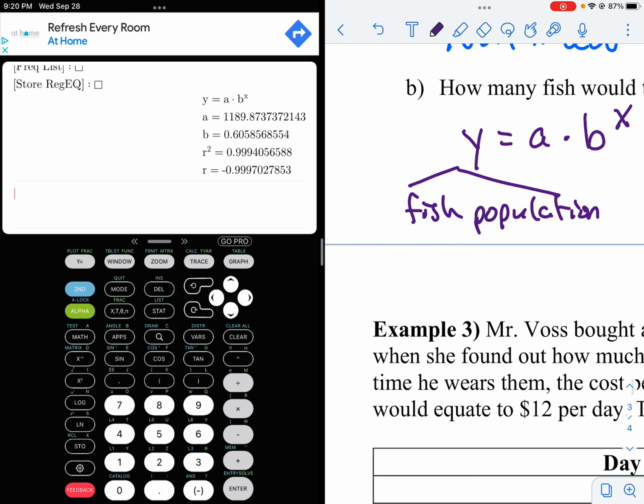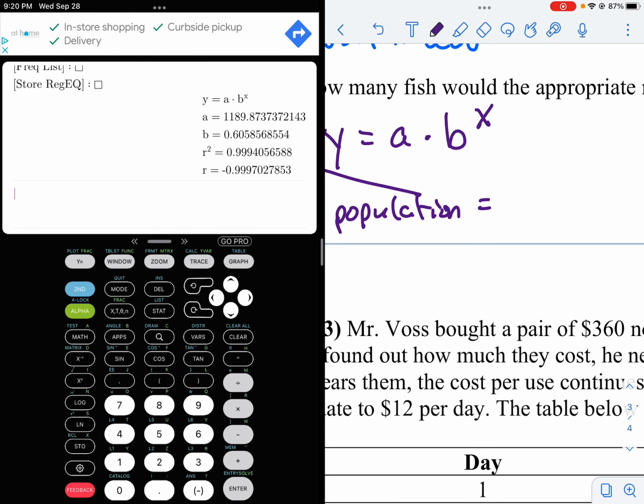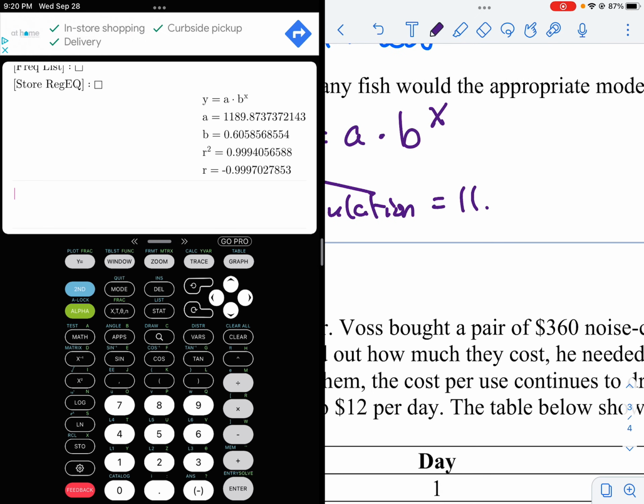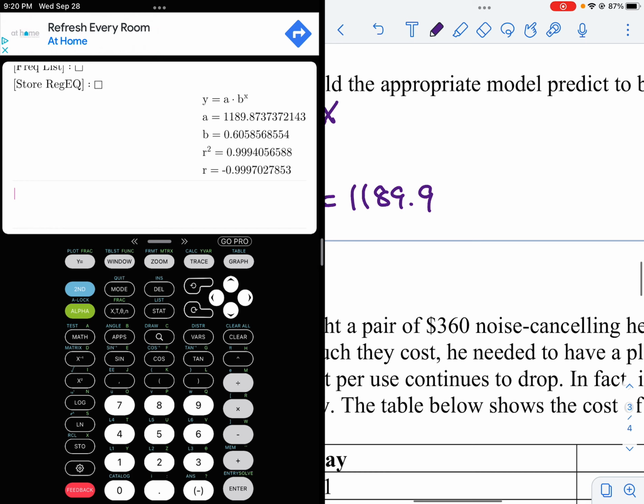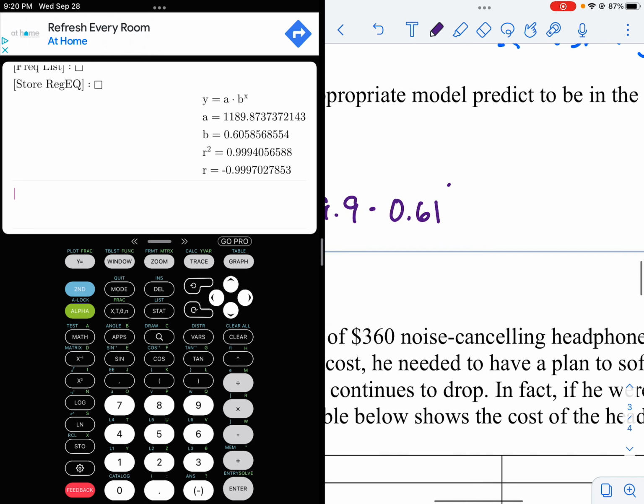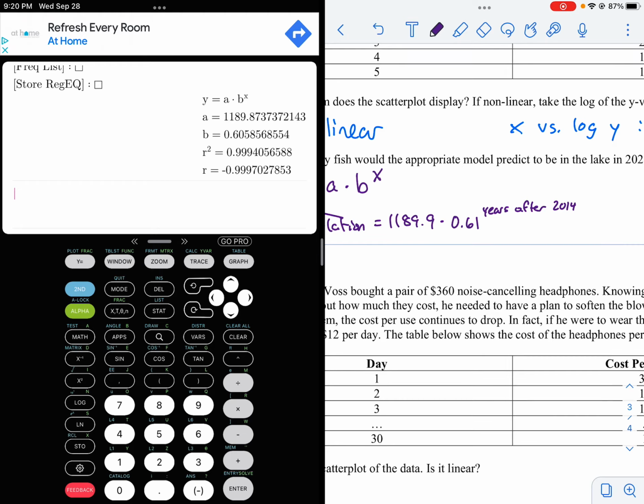So the predicted fish population is 1189.9 times 0.61 to the x, where x is years after 2014.